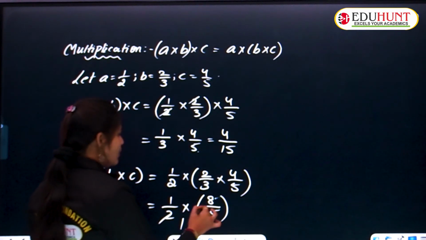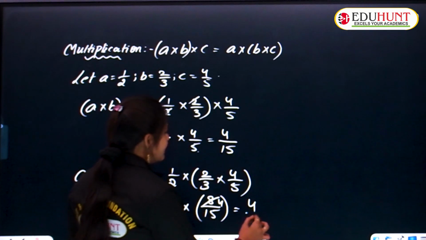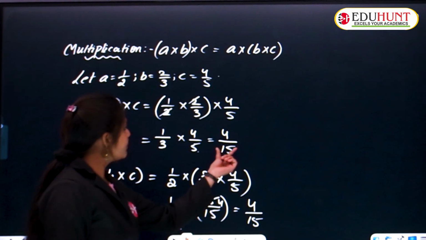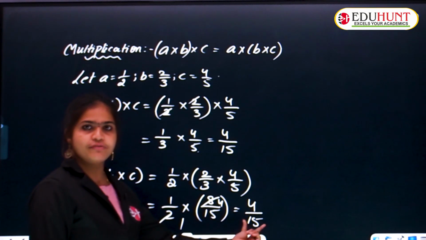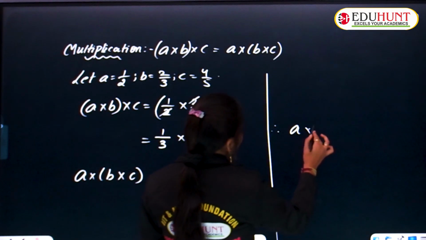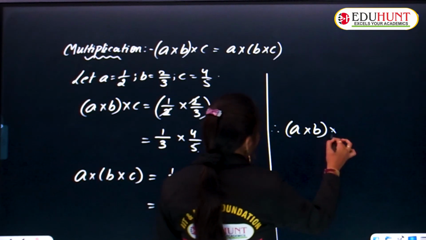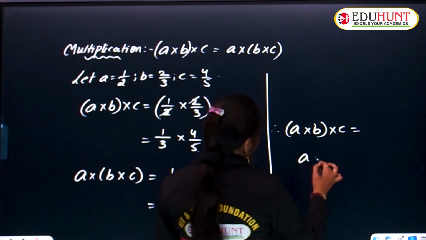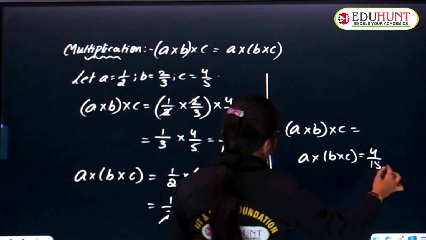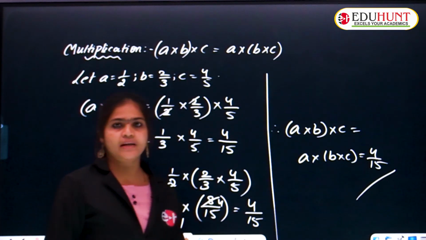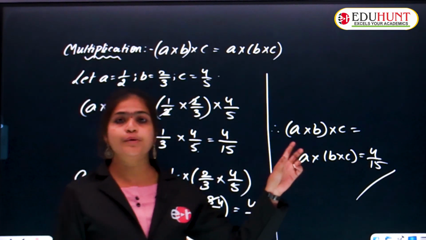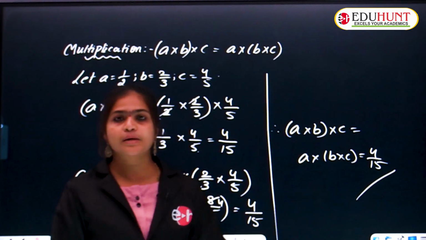Yes, 2 ones are 2, 2 fours are 8. Finally the answer is 4 by 15. Children, see that here also 4 by 15, and here also 4 by 15. Finally (A into B) into C is equal to A into (B into C), and you got the answer 4 by 15. Understand? So this is related to the associative property under addition and multiplication.